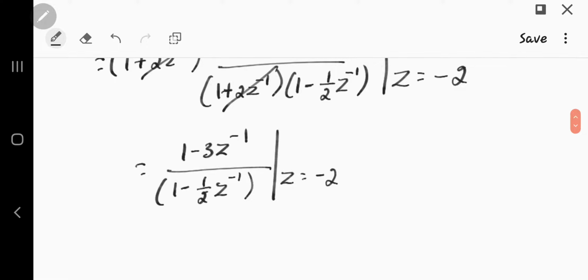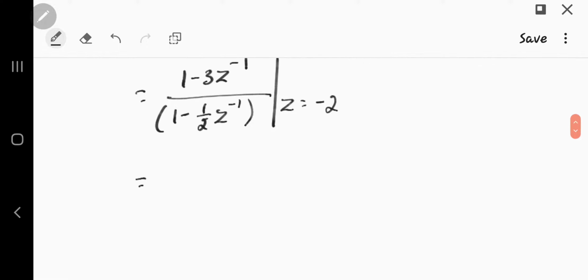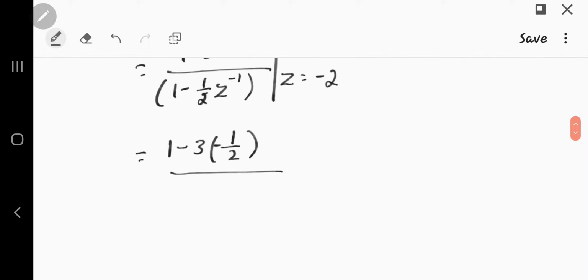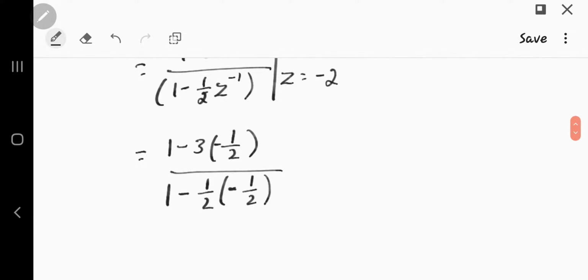Now if you substitute the value, the numerator is 1 − 3, and it is z inverse, so you take this value as −1/2. In the denominator you take 1 minus 1/2 times −1/2, that gives you 1 + 3/2 divided by 1 + 1/4. If you simplify this, taking the LCM, you get 2 + 3 over 2 in the numerator, and in the denominator 4 + 1 over 4.